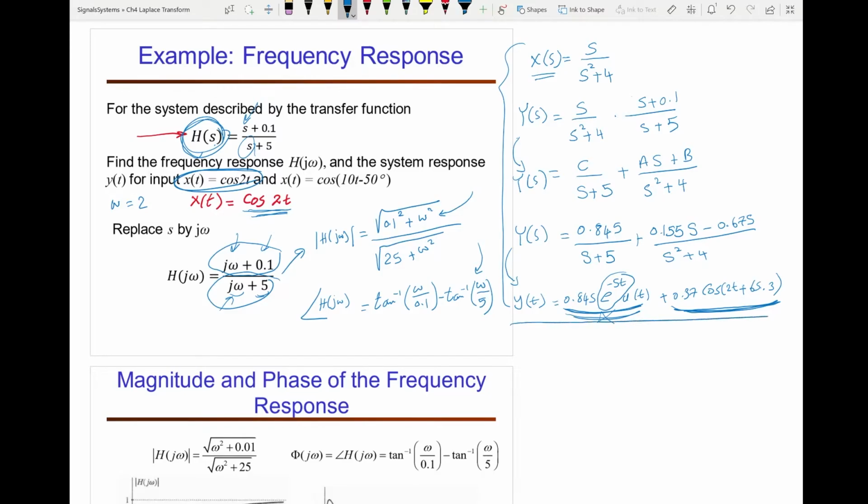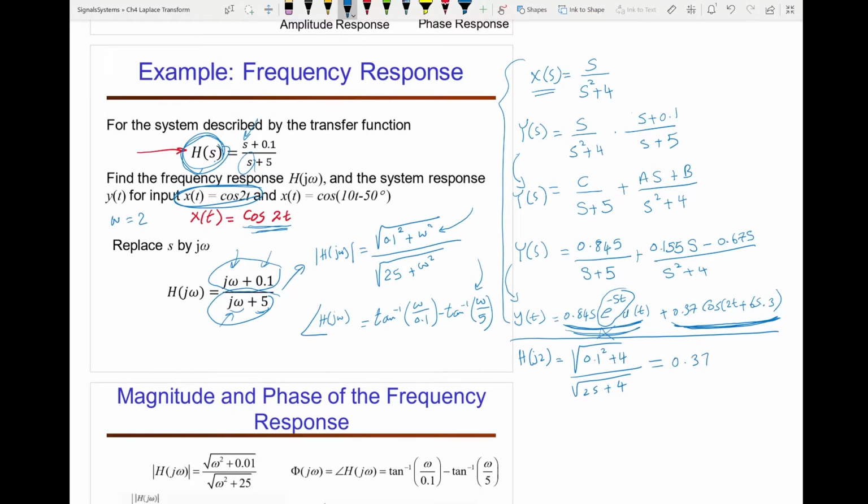So if I do this, then h of j2 will be, and that value should come 0.372. And if I calculate the phase, this would be tan inverse, and this will be 65.3 degrees.